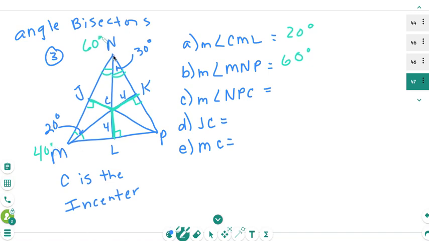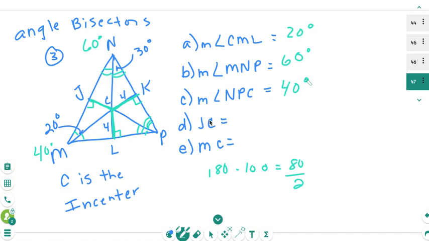Now we're looking for angle NPC. So we're looking for this small angle here, which means we're going to need to find the large angle first. So if this is 40 degrees and this is 60 degrees, then I'm going to take 180 minus 100, which is equal to 80, divide it by 2, because this is the angle bisector, which would make this 40 degrees.